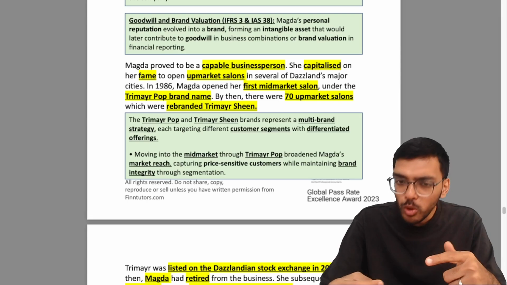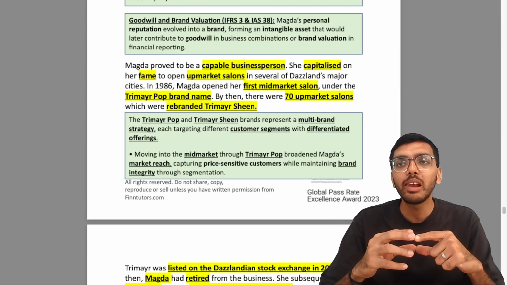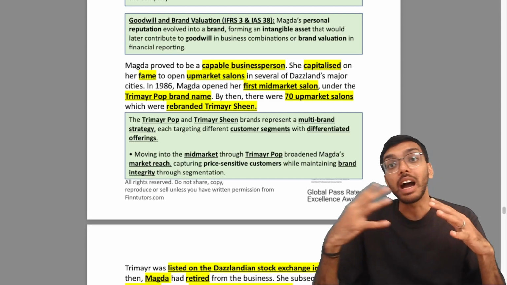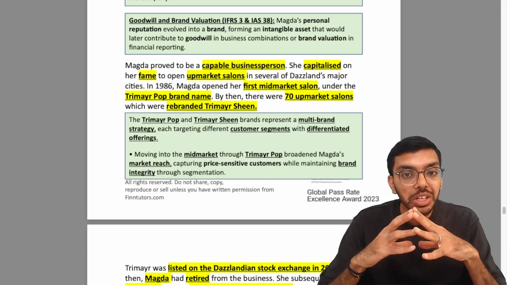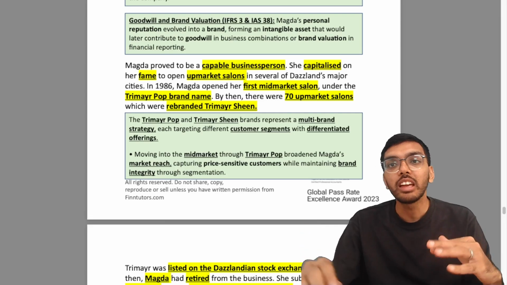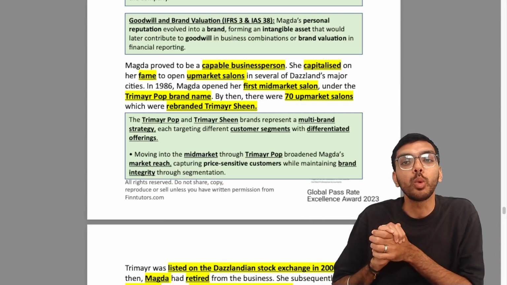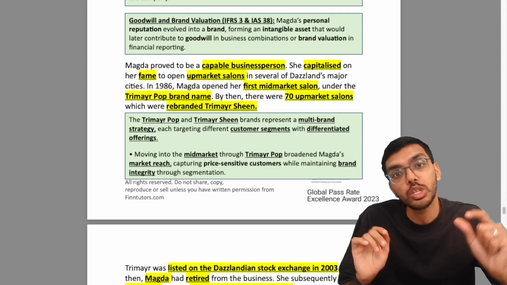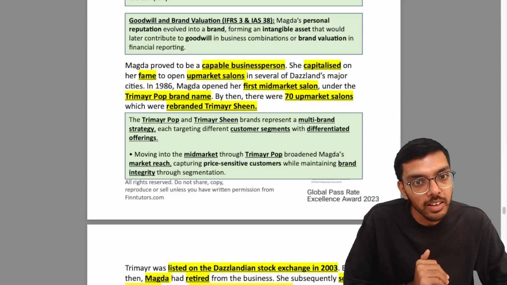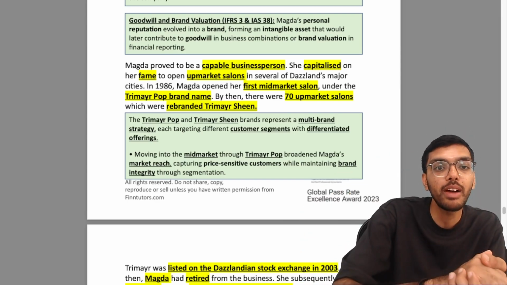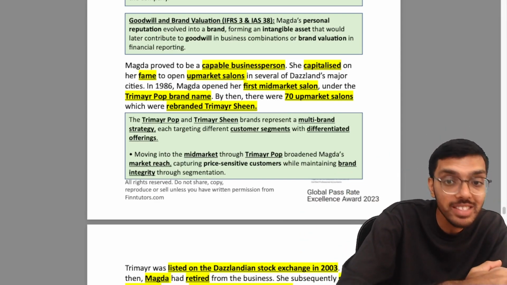Is it because we don't want to associate ourselves with cheaper hair cutting services? But I see that as an opportunity. Let's say you want to grow globally to a different part of the world where the GDP is not as high as Dazzland. So we can enter by diversifying into the low market segment.